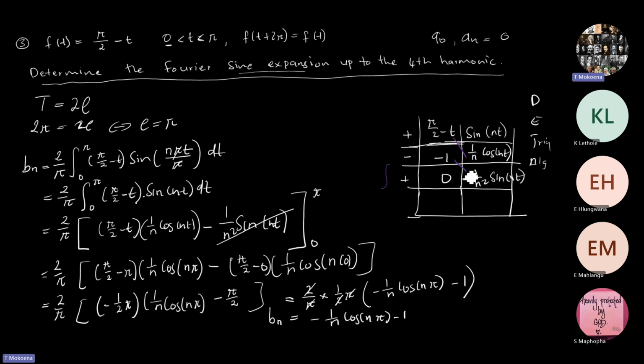We multiplied this by that, and negative, negative, and negative will give us this. Therefore from here we substitute pi. This one is gonna fall out because it's sine. So sine pi is gonna be out, sine 0 is gonna be out. So we're not gonna focus on this one.